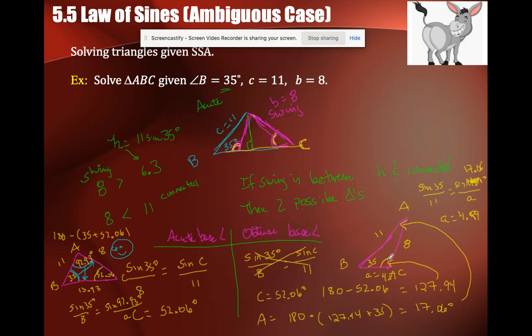My largest angle is here. 127 is still opposite the longest side. But now who's my smallest angle? My smallest angle is A now, isn't it? 17-ish. And it is opposite the smallest side. My side of 4 something is smaller than 8. Things check out.